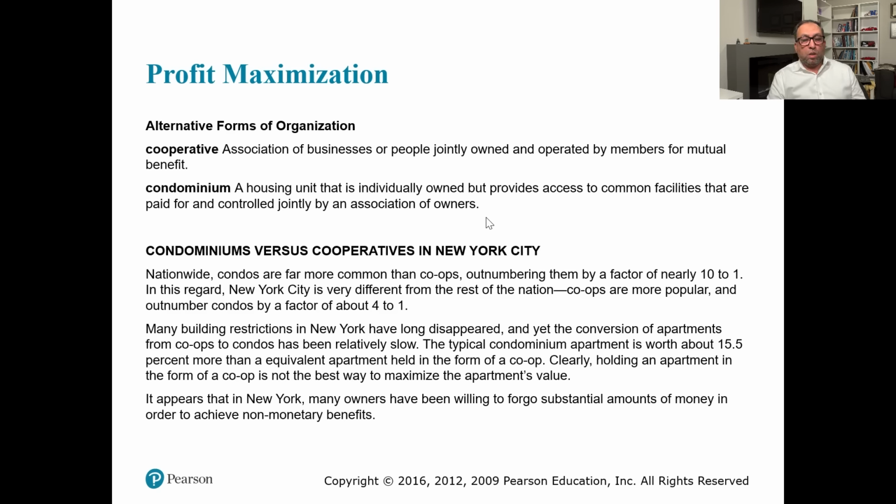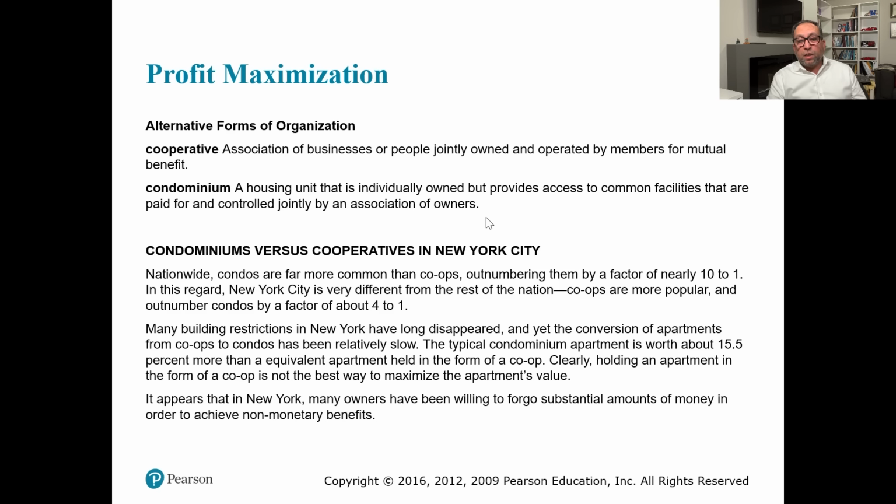So there are two types we are discussing. One is condos, in which there is a strata, and the strata runs the common areas and collects the fee for that. The other way to own a building is a co-op, where they create a cooperative society, and each owner of an apartment in the building becomes a member of the co-op.